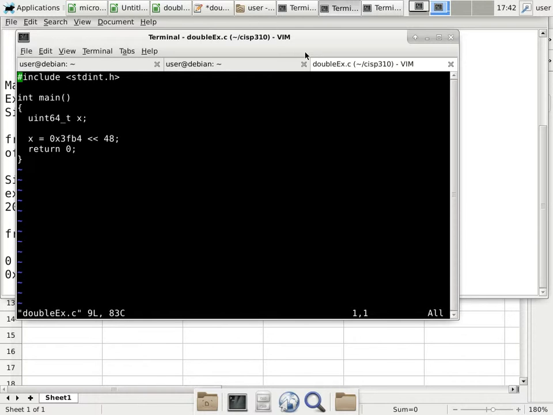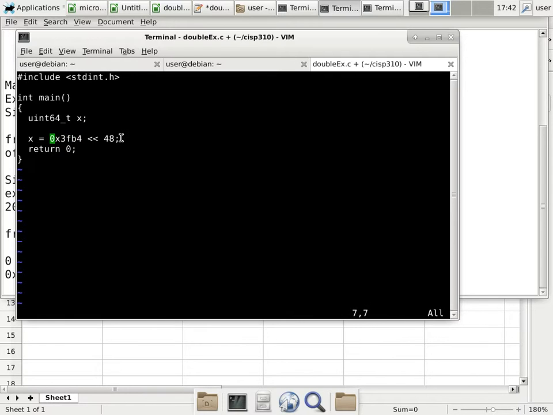So the way to fix this problem is to force the constant not to be a 32-bit number. Now if you learned this from your C++ class, there are ways to do this. I think UL is one of those. You can basically attach UL after this, for unsigned long. You can actually do a suffix to a constant to force the type. I'm not going to do this, okay?